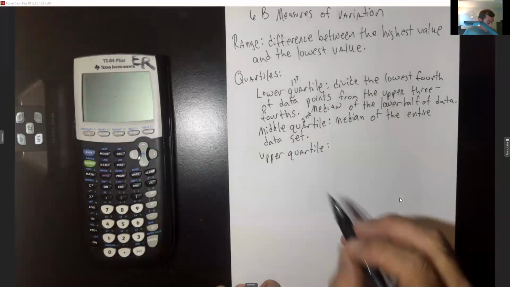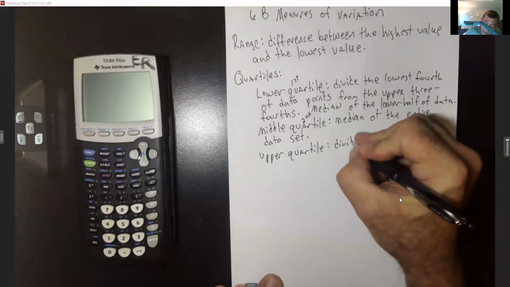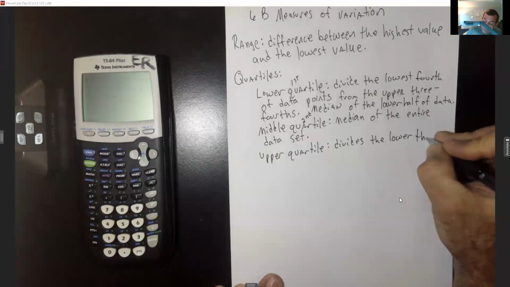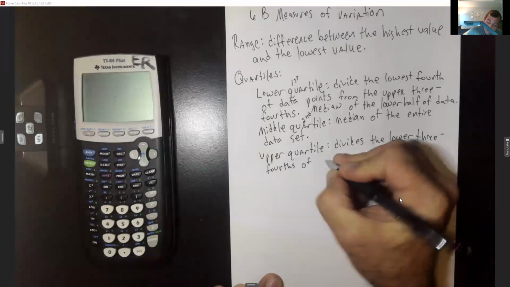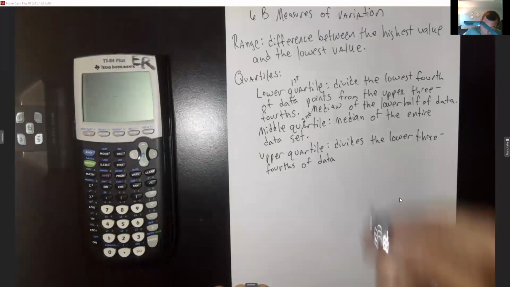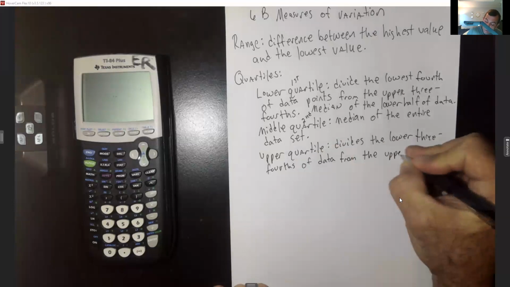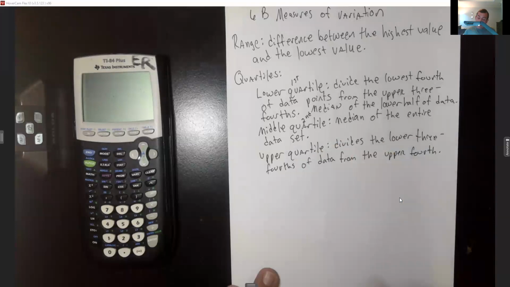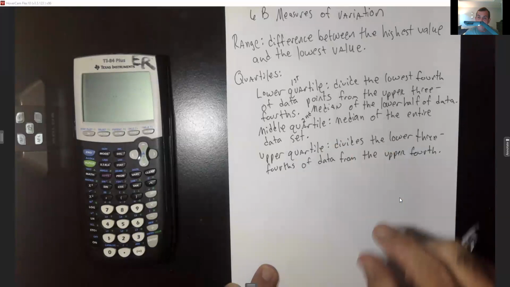The upper quartile divides the lower 3/4 of data from the upper fourth, and it's going to be the median of the upper half of the data.